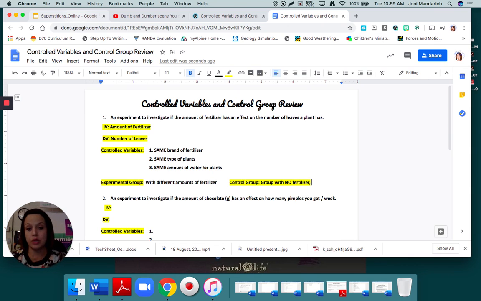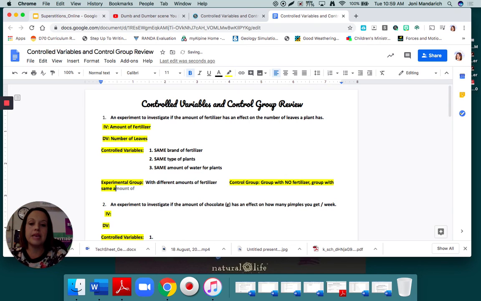There is another control group that we could have here. You only have to put one, you don't have to put both. But another acceptable answer would be the group with the same amount of fertilizer for all trials. Okay, meaning that, yeah, I still gave them fertilizer, I just didn't change the amount of fertilizer. That would also work as a control group.